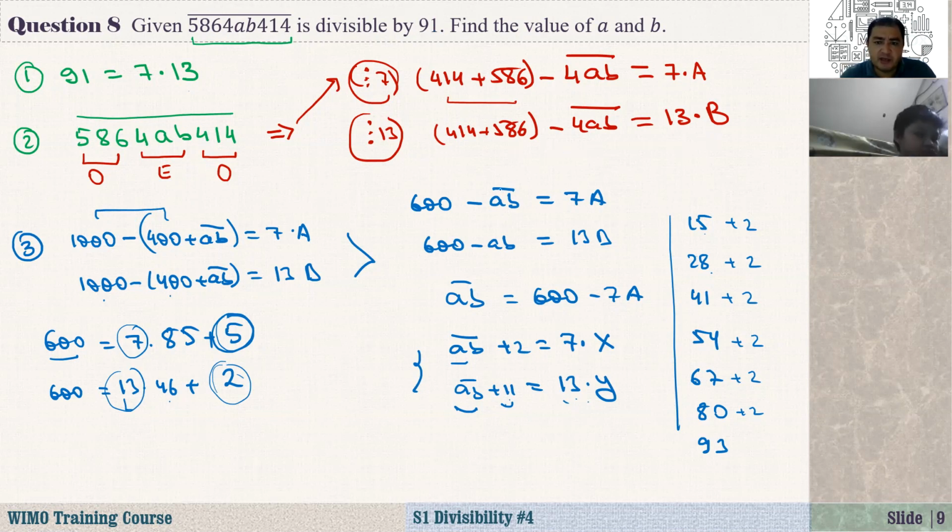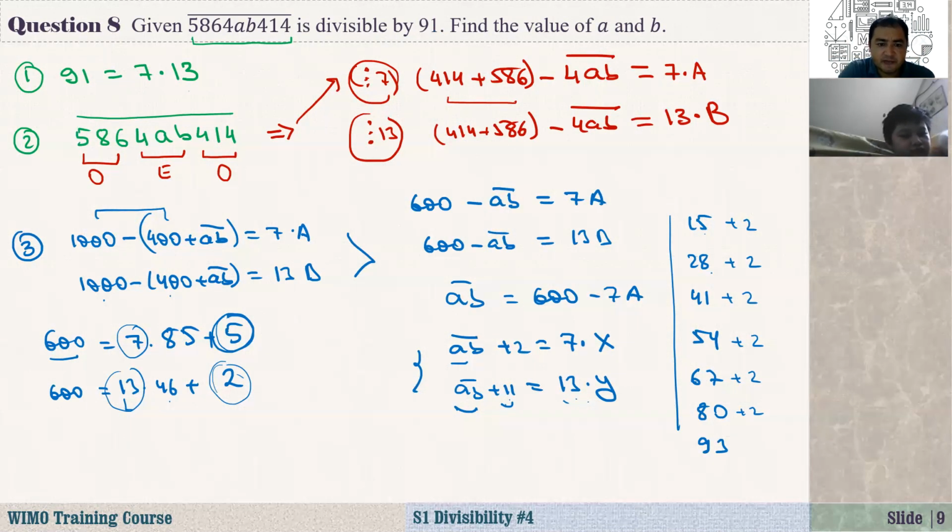Which means here we have 600 minus AB, that is 7a. 600 minus AB is also 13b. From here, 600 is 7 times 85 plus 5, and 600 is 13 times 46, that is 598 plus 2.